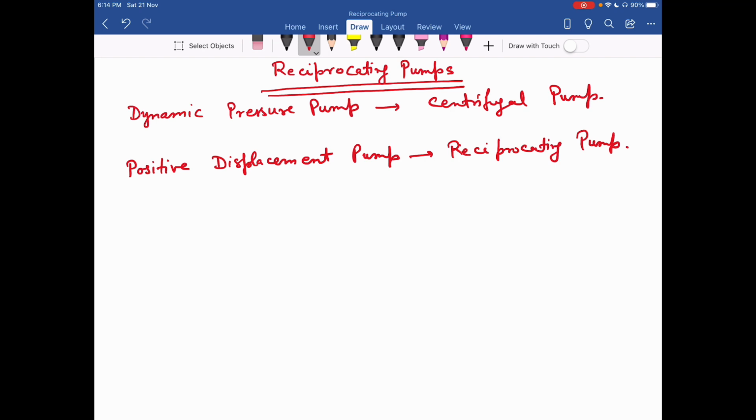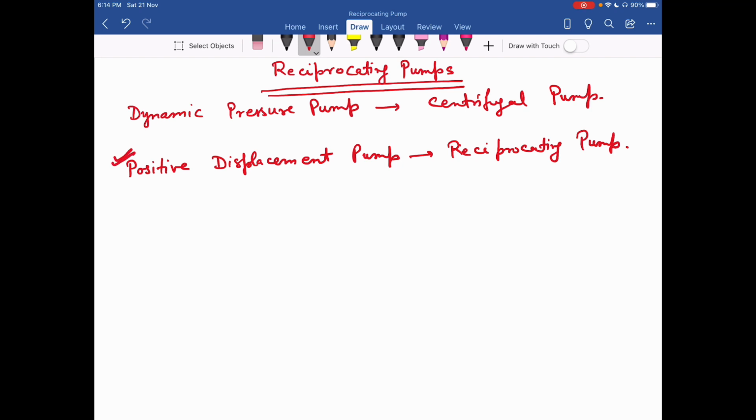The working principle of a reciprocating pump is altogether different from that of a centrifugal pump. The reciprocating pumps are also called positive displacement pumps.